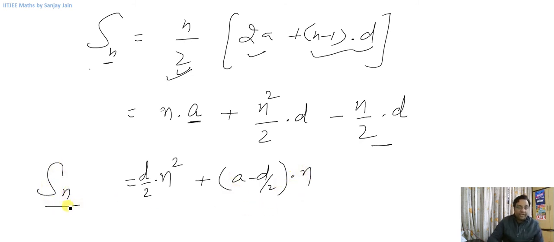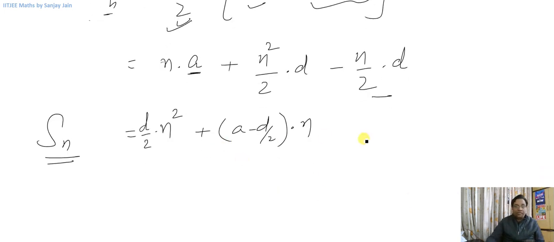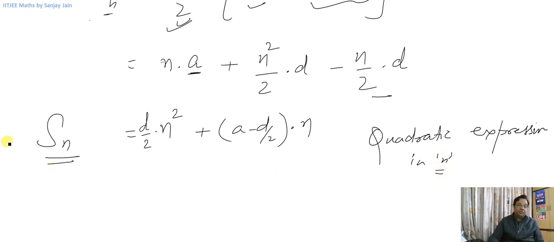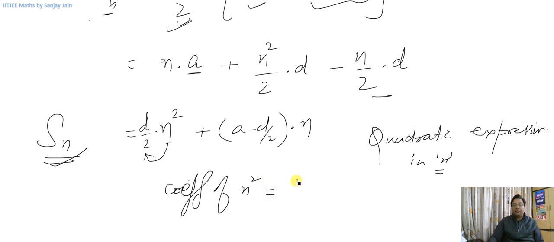So sum of first n terms of an AP is a quadratic expression in n where the coefficient of n square is half of common difference, right?